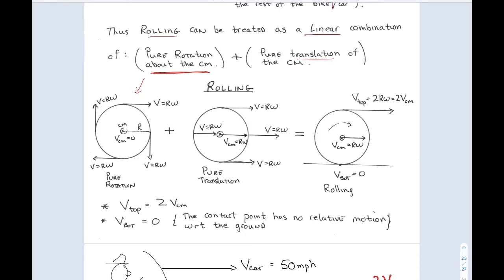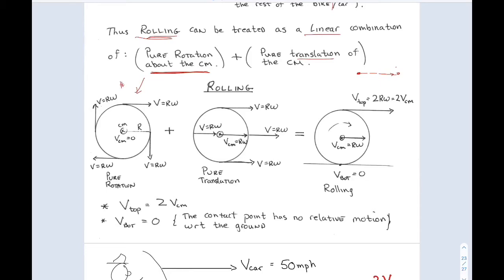Now, translate means to move from point to point in a straight line. If I move from that point to that point in a straight line, I translate. Rotate means obviously to move around in a circle. So we can treat rolling as a linear combination of pure rotation and pure translation of the center of mass.